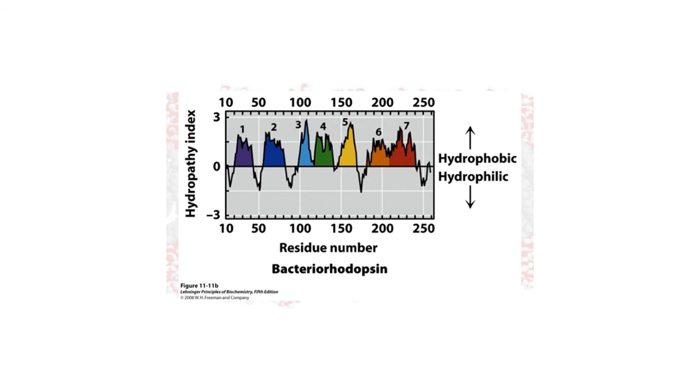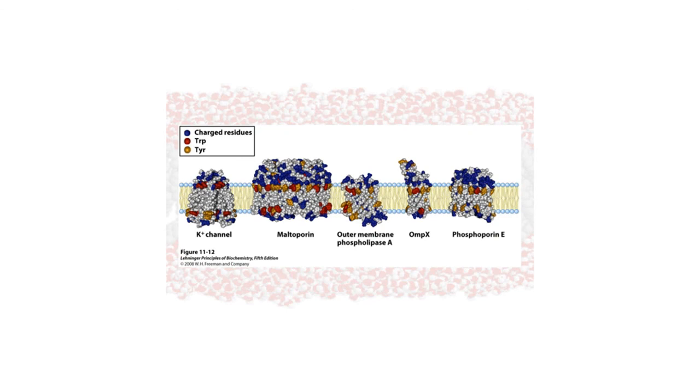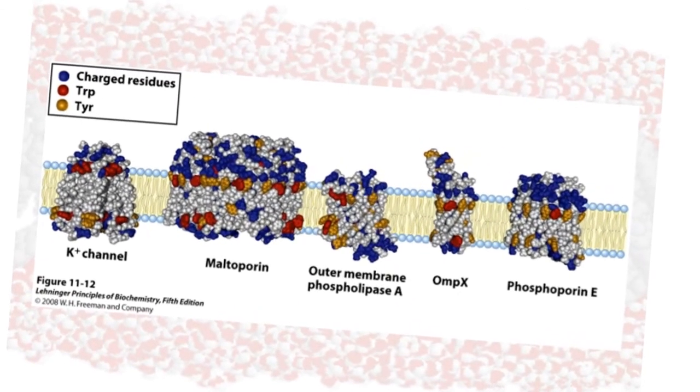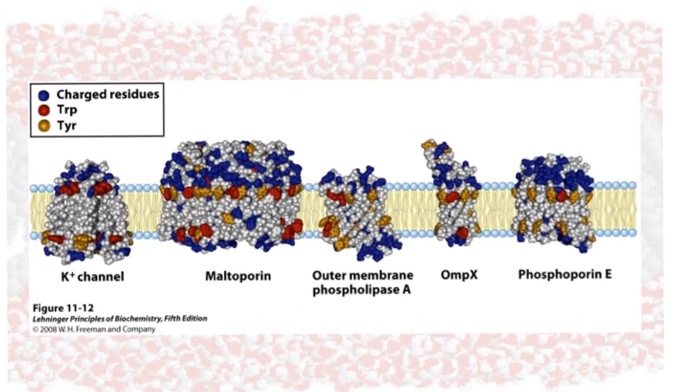They have taken all of the charged, so you can see the hydrophobic are white, silver, or gray color. All of the charged amino acids are the dark color, and then tryptophan and tyrosine, which are the aromatics, yet they also have at least one polar atom. Tryptophan is still pretty hydrophobic, but it does have a nitrogen in it. And so if you look at these, it doesn't matter which one we pick.